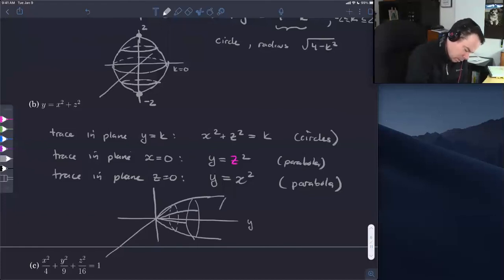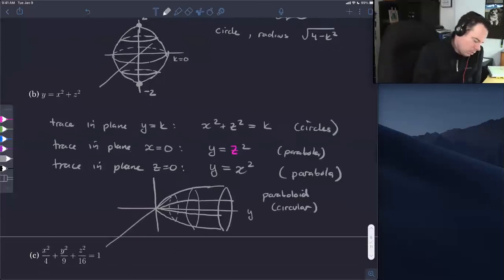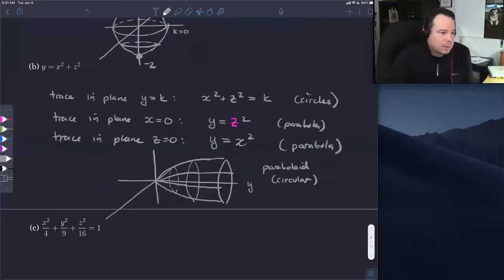And so what I end up getting in the end is a paraboloid. Again, it's a circular paraboloid because the cross sections in the direction it opens in are circles. You'll see in the examples in the textbook, they get elliptical paraboloids because they make some changes where the first trace is ellipses.